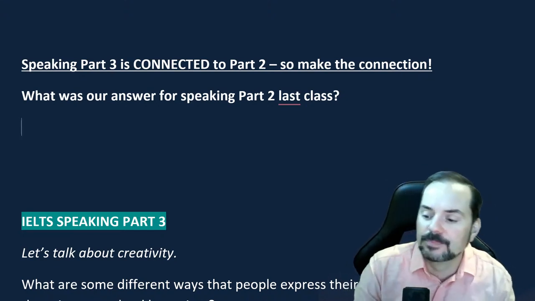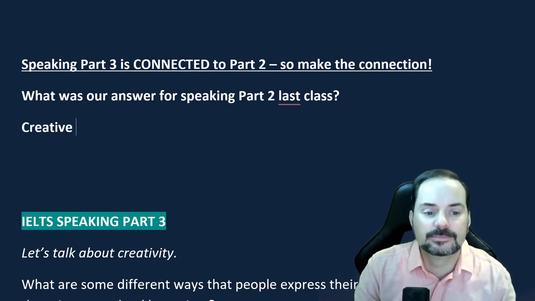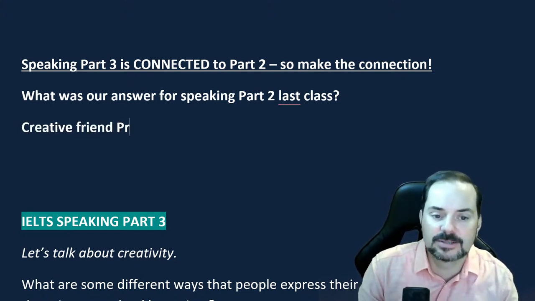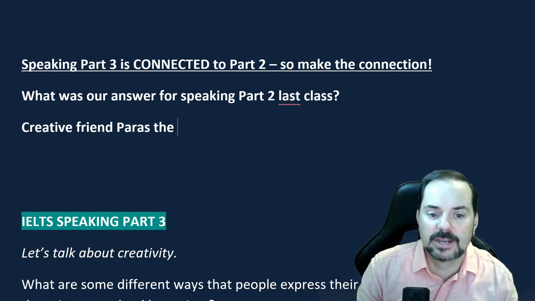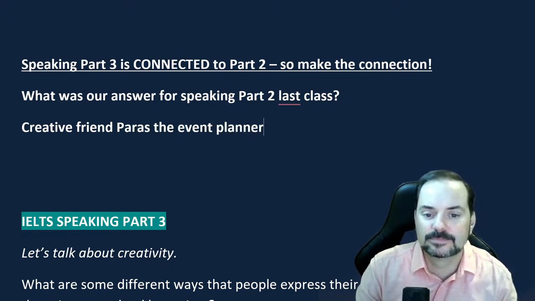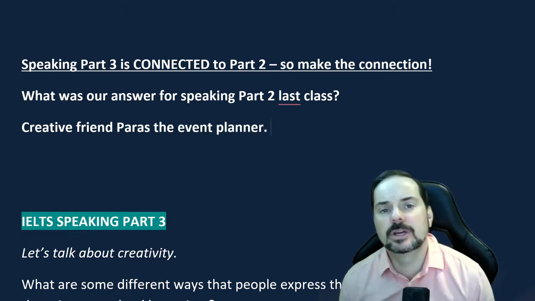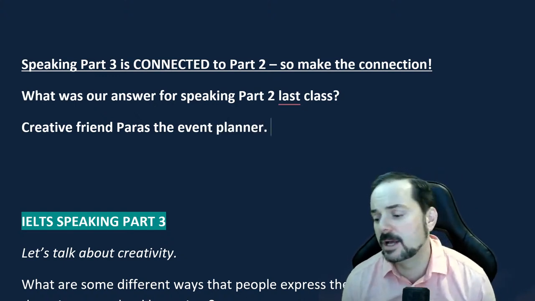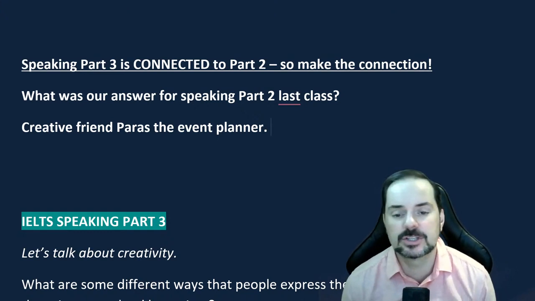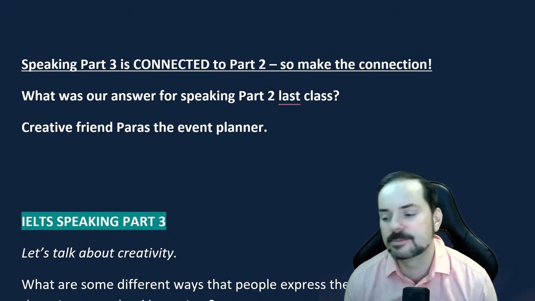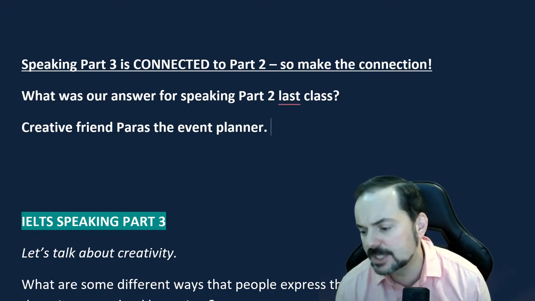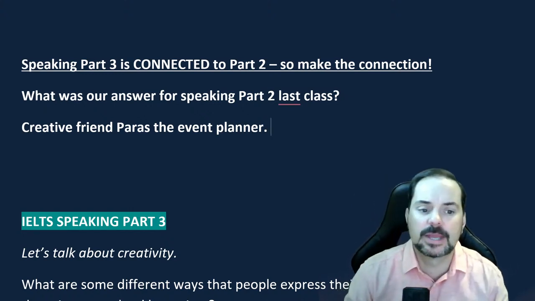Okay. And so creative friend, Paras, yes. The event planner. All right, yeah, that was good. And then I interviewed a couple of people, Sun, Baljit, and Sunantha. They also had some ideas. So Baljit says, love deep. Yeah, also we had a love deep.